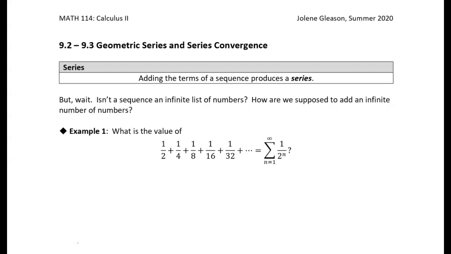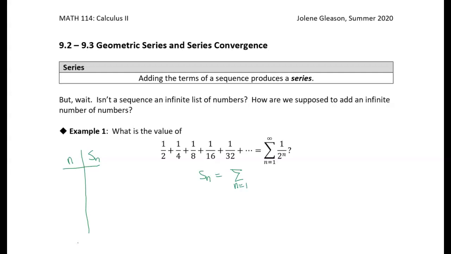All right, let's take a look at this. I'm going to create a little table of these partial sums. I'll call the nth partial sum s sub n, and I'm going to define s sub n to be the sum, using sigma notation. Actually, I'm going to change that.